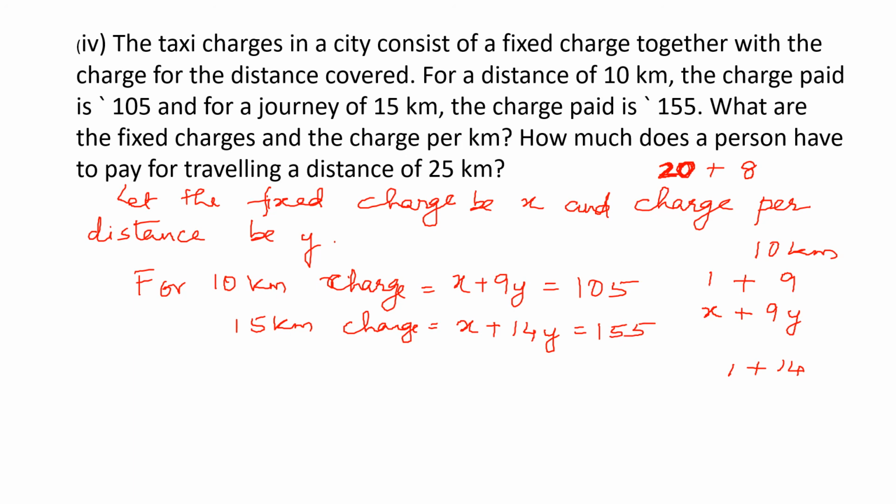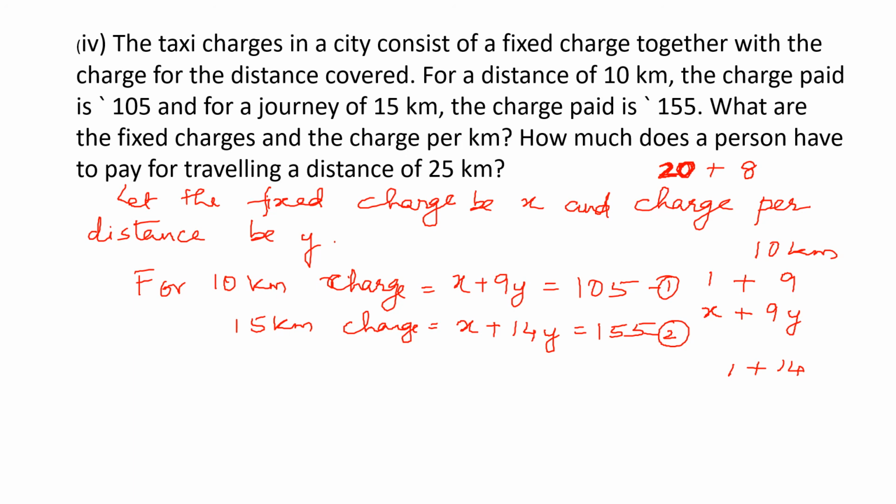So how are you going to find out the fixed charge and the charge per kilometer? From these two equations, you have to substitute and find X and Y. This will be your first equation, this will be your second equation. Is it over?